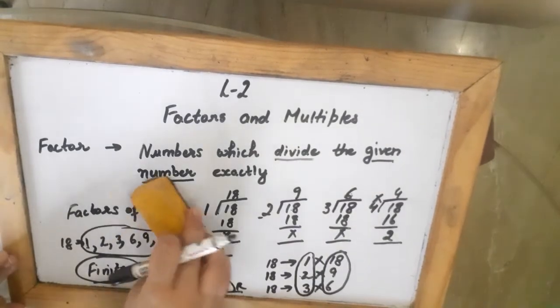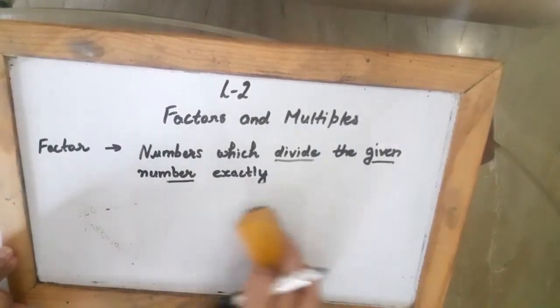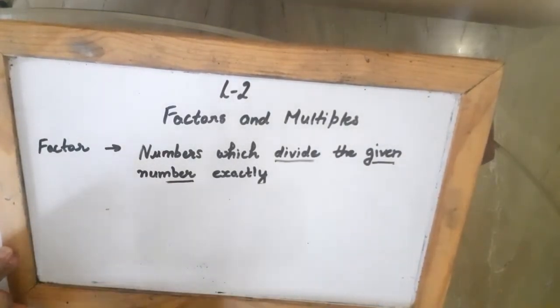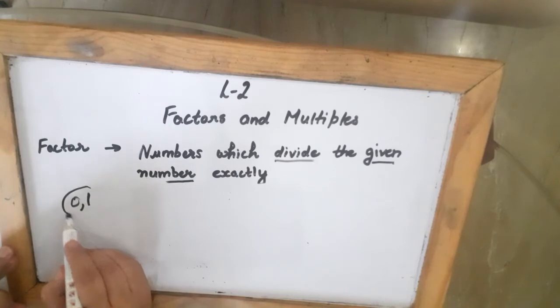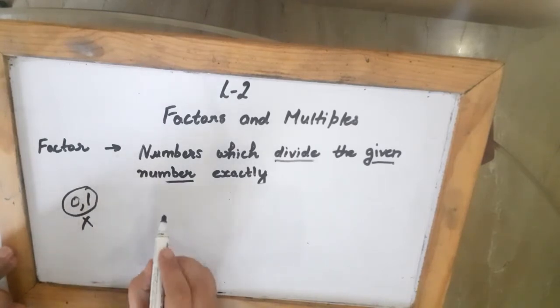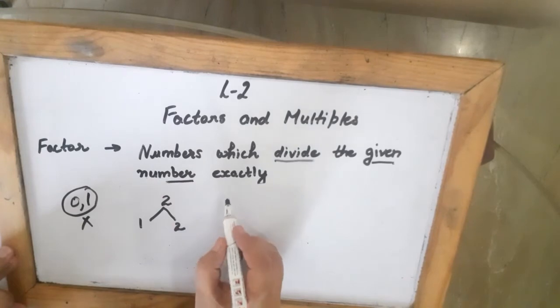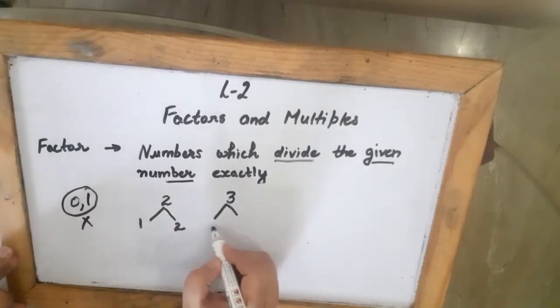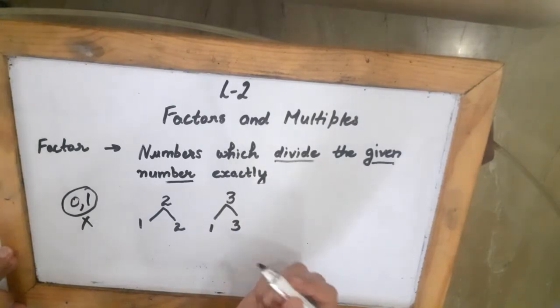Now whatever number you take, all the numbers have at least two factors. Two factors are always there except for 0 and 1. So except 0 and 1, every number has at least two factors, 1 and itself. 1 2s are 2 and 2 1s are 2. At least two factors they have, 1 and the number itself.